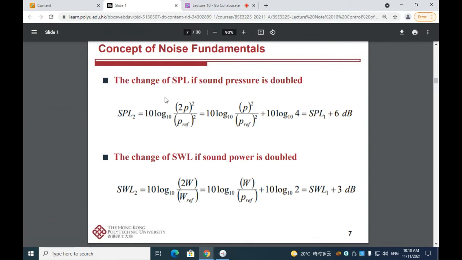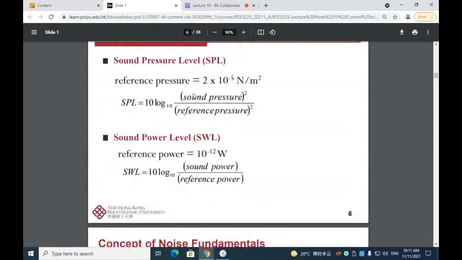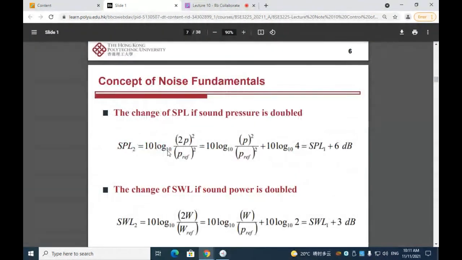As you can see here, when the sound pressure is doubled, we first look at how the sound pressure level changes. Applying this equation, the sound pressure level 2 equals 10 times log 10 of 2 times pressure, squared, divided by the reference pressure squared, which equals 10 times log 10 of pressure squared divided by reference pressure squared, plus 10 times log 10 of 4.